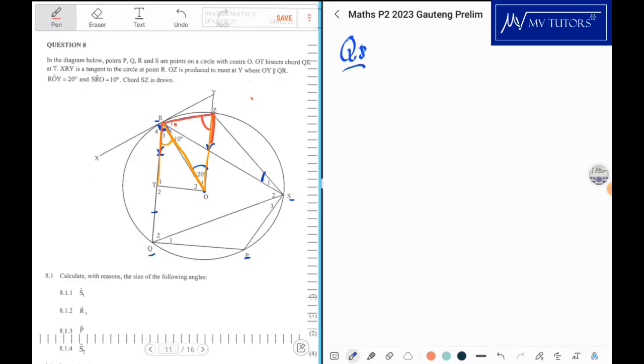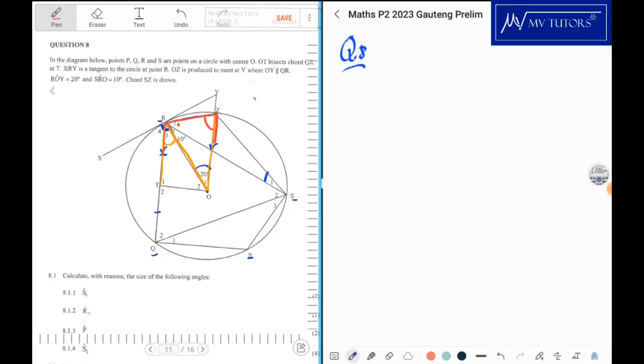And are there any corresponding angles? Not from what I'm seeing at the moment. Okay, anyway, moving right along. And then they tell us that O in ROY is 20 degrees, and R in SRO is 10 degrees. We see it, and chord ZS is drawn.